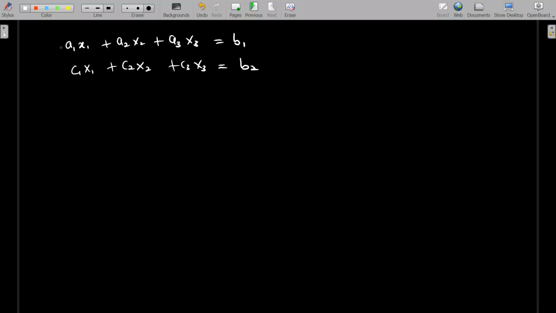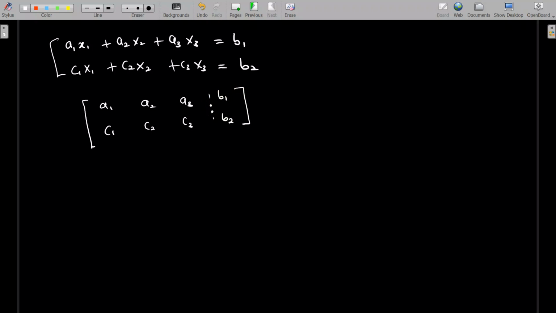If I want to write the augmented matrix for these two equations, then that matrix is going to be a1 a2 a3 and then c1 c2 c3, and then I write these values at their respective rows. If you want to separate it, like I said, then you do it this way.